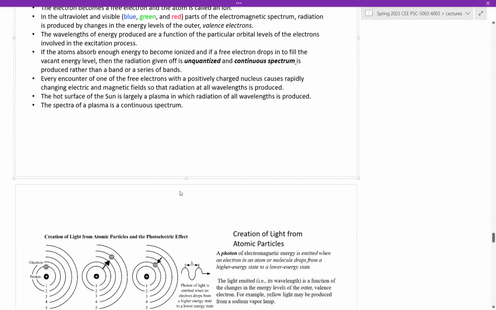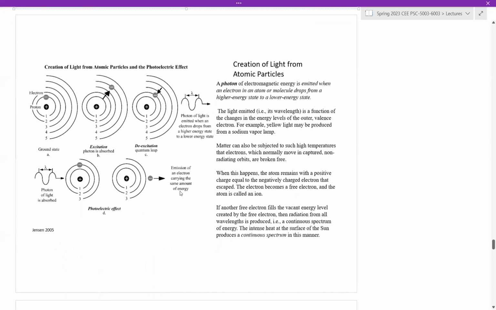This is for you to read later. But how is light created? Light is created by absorption. If an atom has electrons that are excited and then lose that excitement, like when passing electrical current, a photon of light is emitted from that atom.